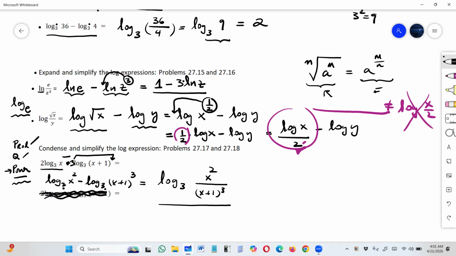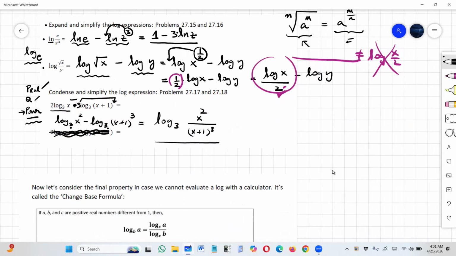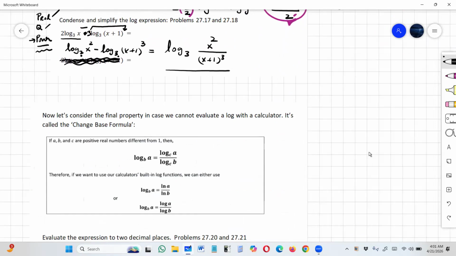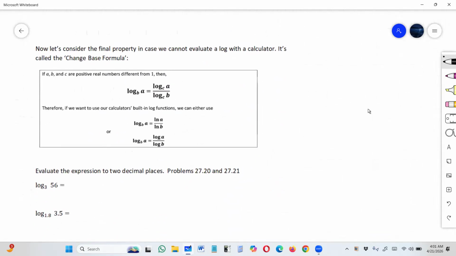All right. So these are the three properties associated with this section 27. And there's only one more thing in this section, okay, that you have to know. In the event we cannot evaluate a log, right? Obviously, we have a calculator that we can use, but the calculator only has two types of logs.